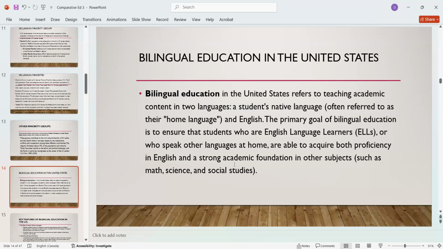Our students learn religion, history, and mother tongue, right? Those 3 they learn in mother tongue. Other subjects they are learning in English. So their mother tongue and English are used. That type of education is called bilingual education.